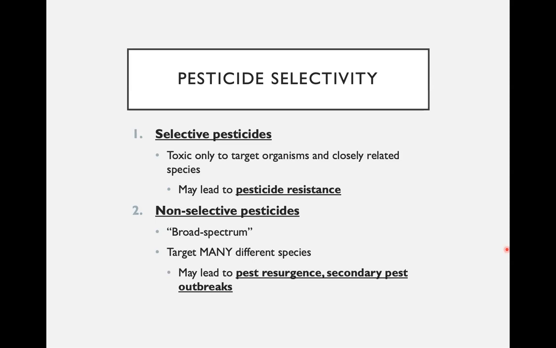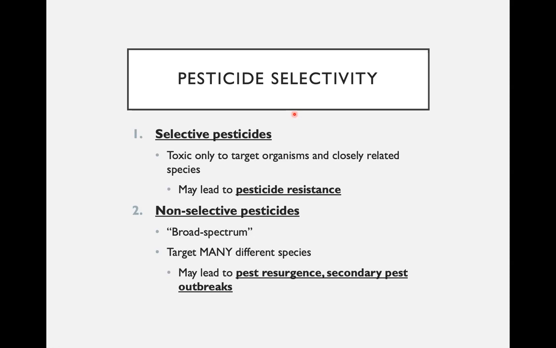Selective pesticides are those that are going to be toxic to the one organism that you're looking to control, that organism and maybe its most closely related species or relatives. This is in contrast to non-selective or broad spectrum pesticides that target many different pest species.